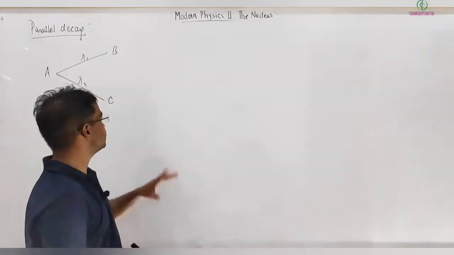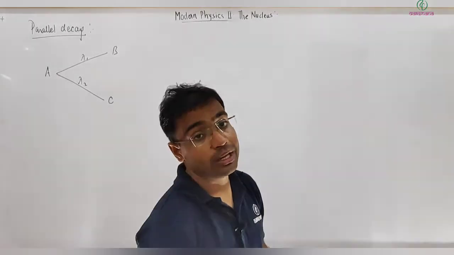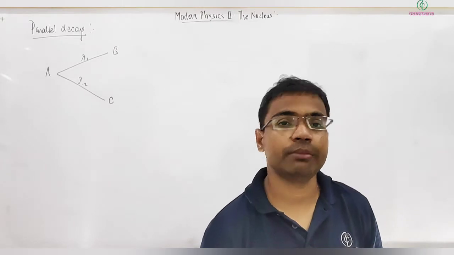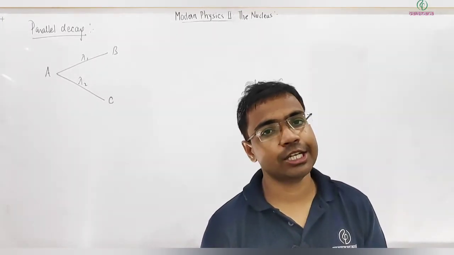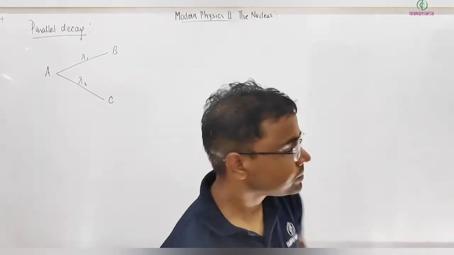In such a case, you are asked to find the number of nuclei of A decayed at any time or left at any time, the number of nuclei of B formed, and the number of nuclei of C formed. Such types of problems are asked, so we need to understand how we can do it.